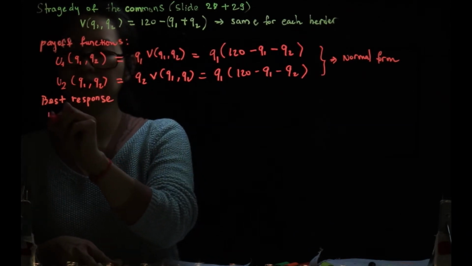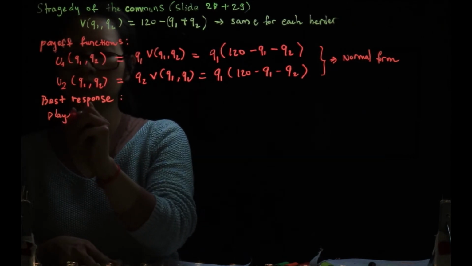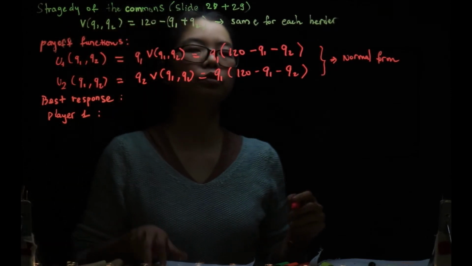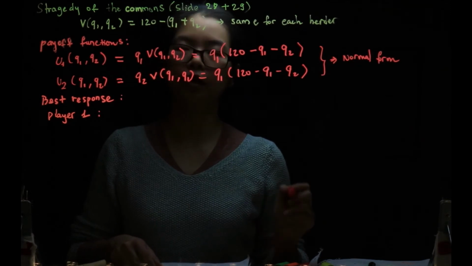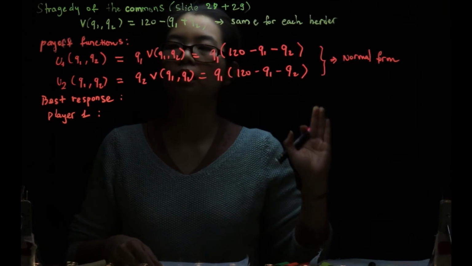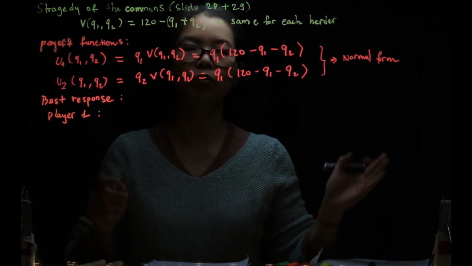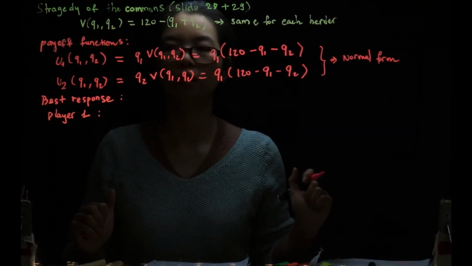Now, the best response for player 1, how to define the best response? Now again, think about it as a maximization problem. As a herder, you wish to maximize the value you earn from grazing the sheep, right?